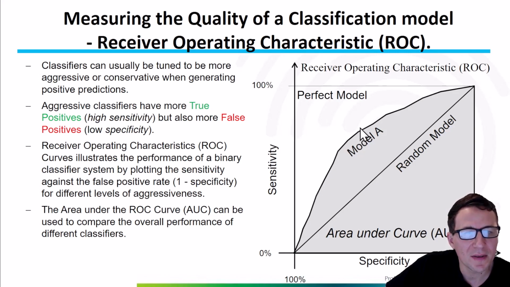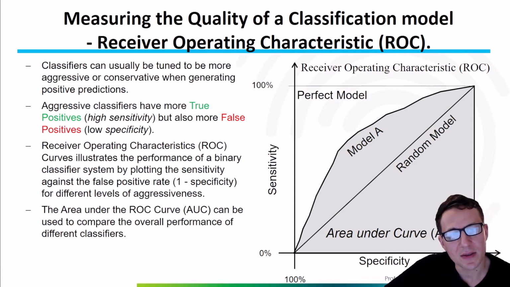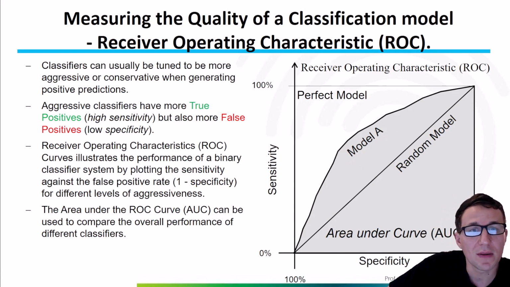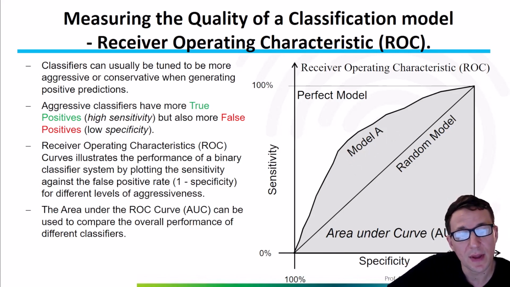Another cutoff gives us this data point. Once we specify the cutoff, we can compute the sensitivity and specificity, and this gives us 1 point on this ROC curve. And the AUC, the area under this ROC curve, is a good evaluation of the performance of a model which is independent of the cutoff. And therefore, you do not have to learn the cutoff when you want to evaluate the model.